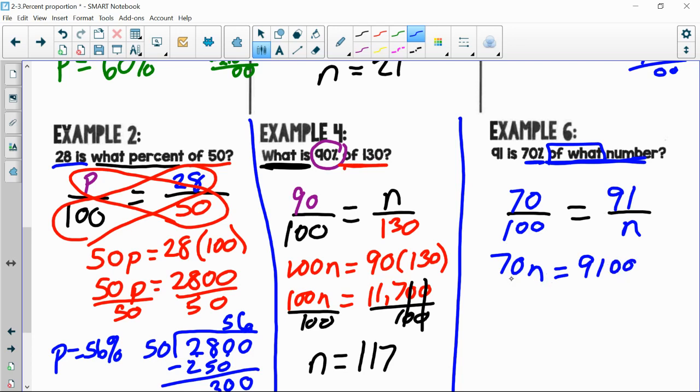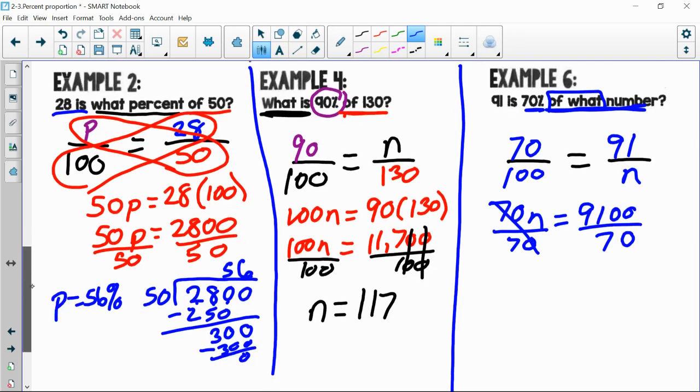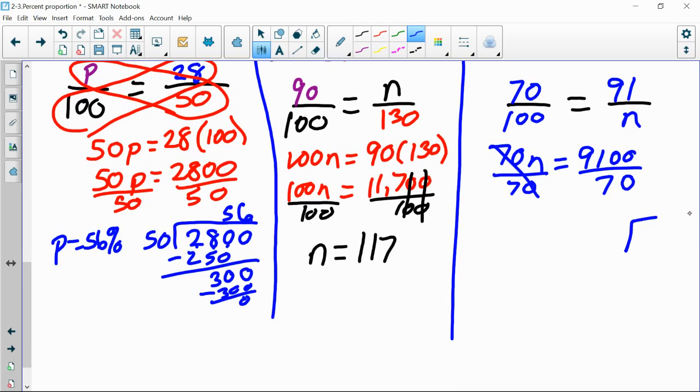This is a one-step equation. The opposite of multiplication, division. The whole point of equations is to cancel it out so that the variable is by itself. That's why we use our inverse operations. If you remember that from such long times ago. All right, so 70 goes into 91 one time. And that gives me 1.